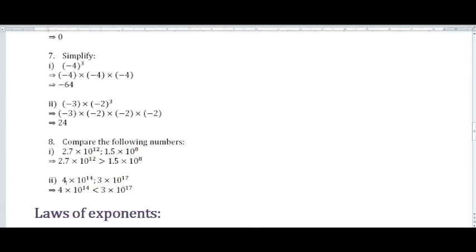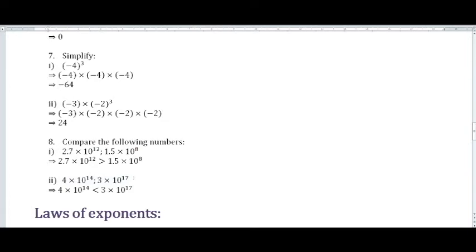Okay. So here we are going to say 4 into 10 to the power 14 or 3 into 10 to the power 17. Actually here 4 is greater than 3, but the number 10 to the power, their partners, let's say partners. 3 has a partner 10 to the power 17, but here 4 has only 10 to the power 14.